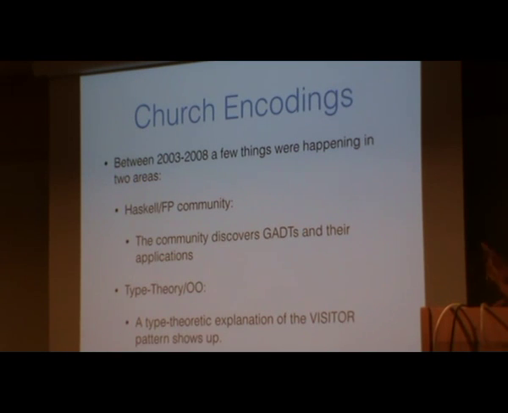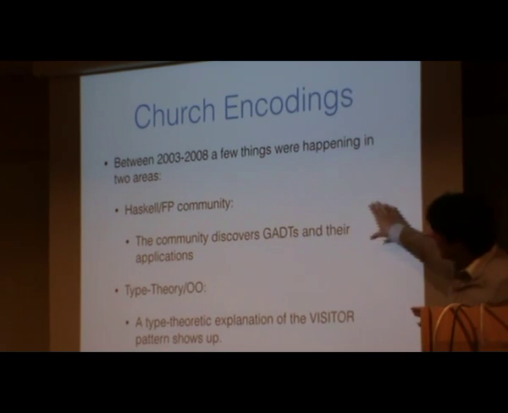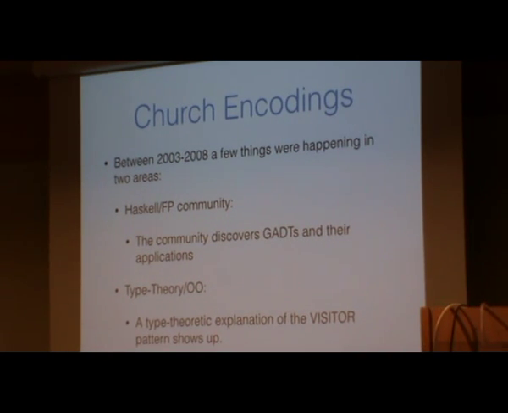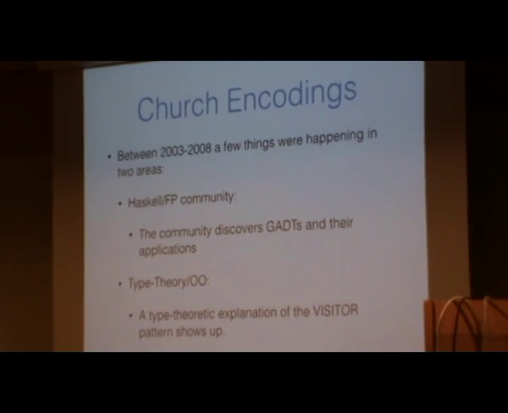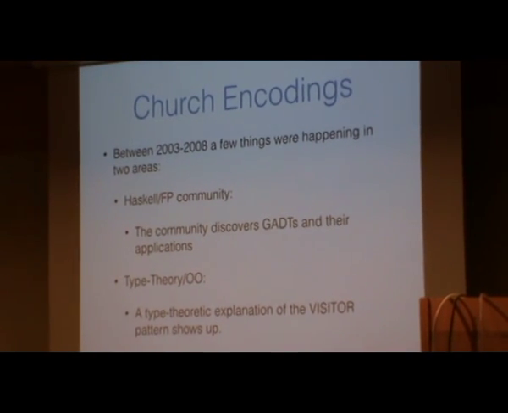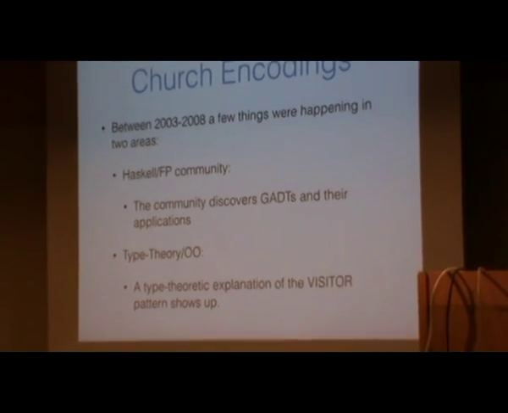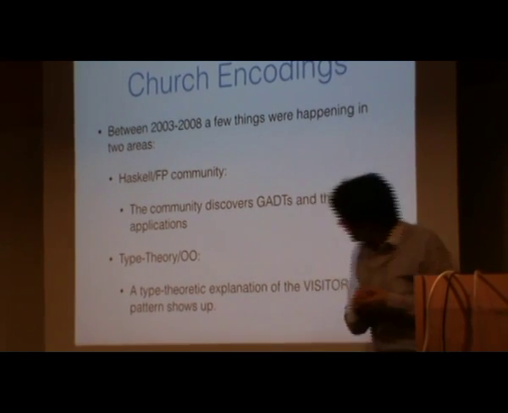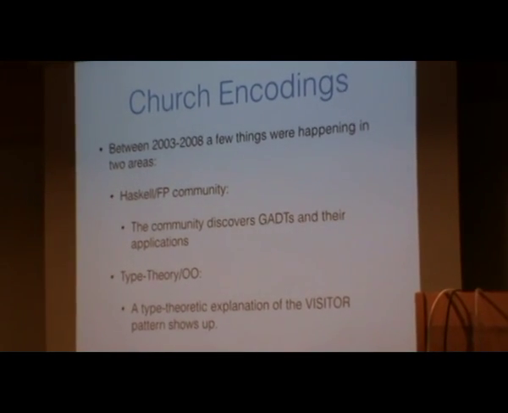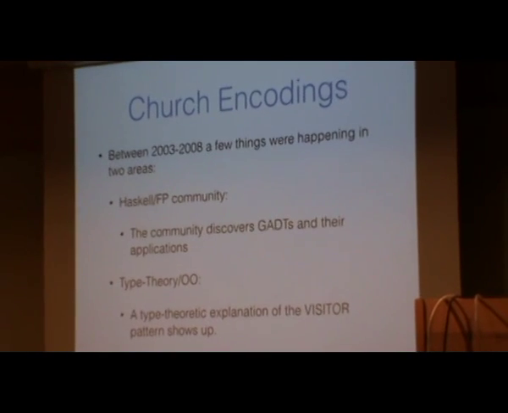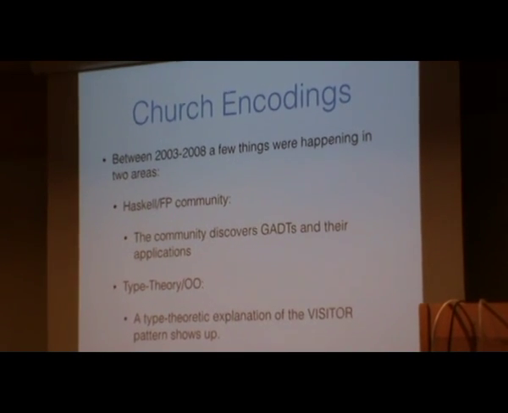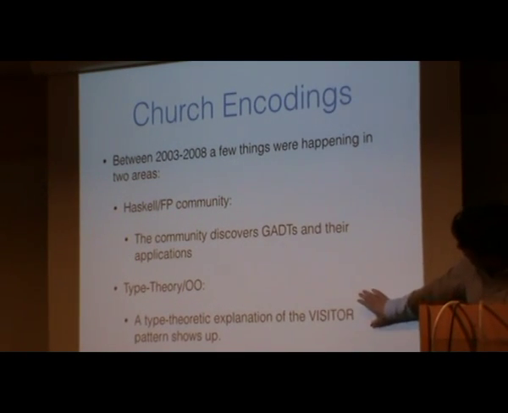So there were things happening in two different areas. One, in the functional programming community, which was basically discovering GADTs and the applications of GADTs, generalized algebraic data types. And in a different area, more related to object-oriented programming, but also type theory, there was another work being done around this time.